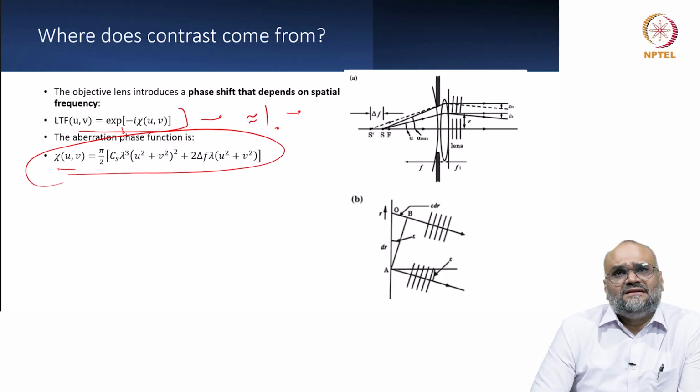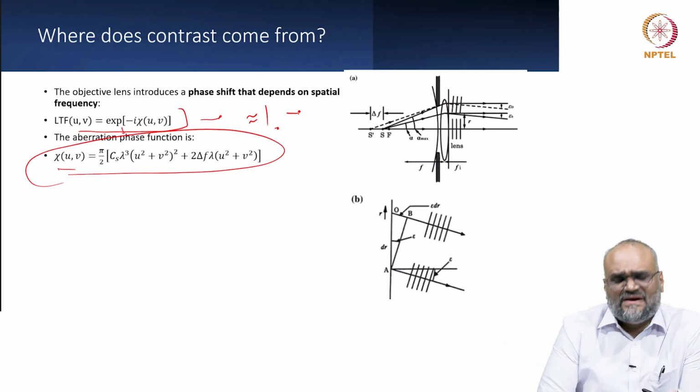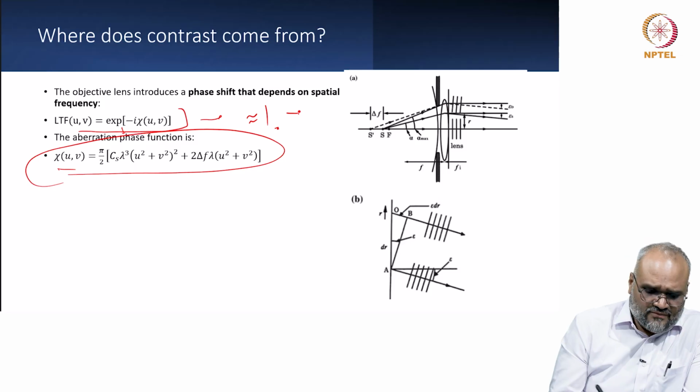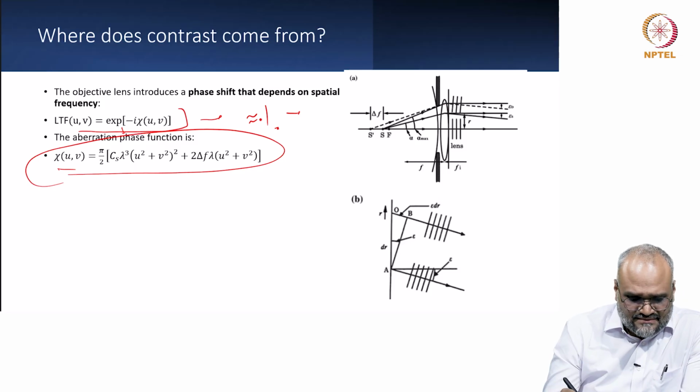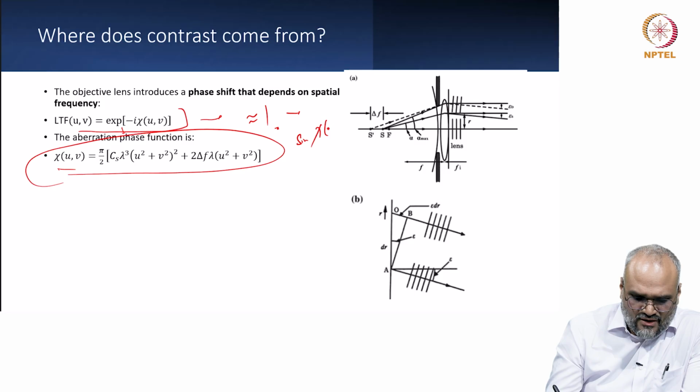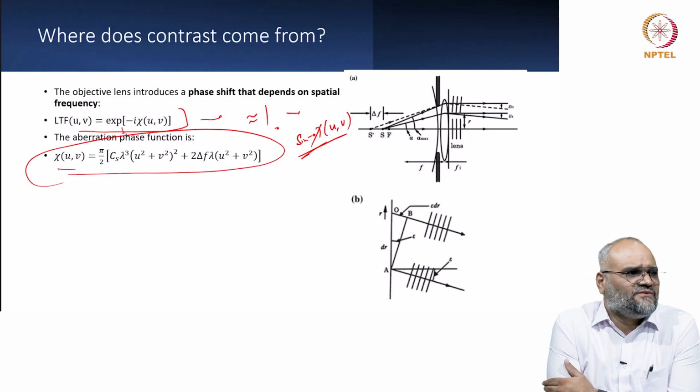So, there is hardly any amplitude change as a consequence of the constant phase object, but when you look at the reciprocal part, the imaginary part, which is the sinusoidal of chi of uv, this gives me what is called the contrast transfer function.